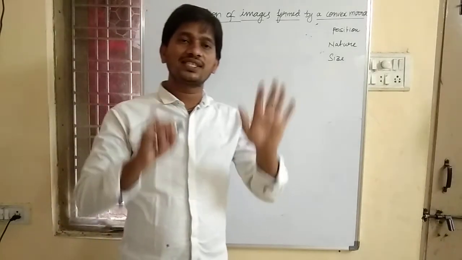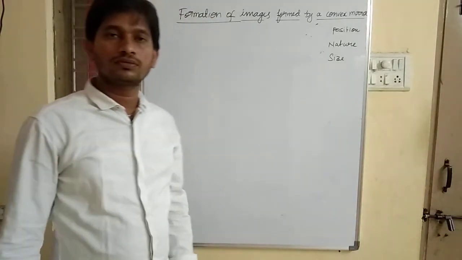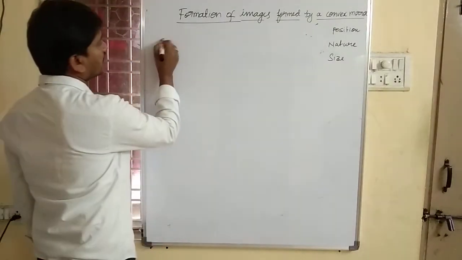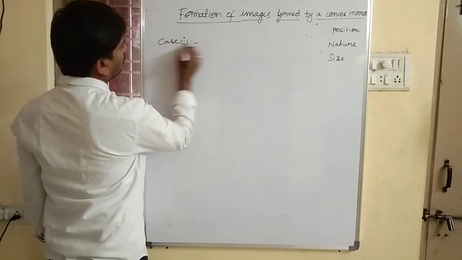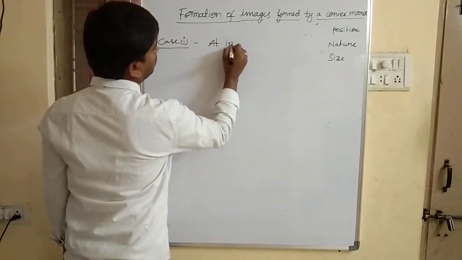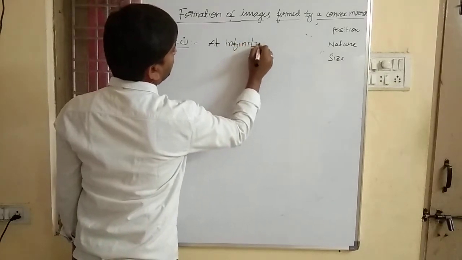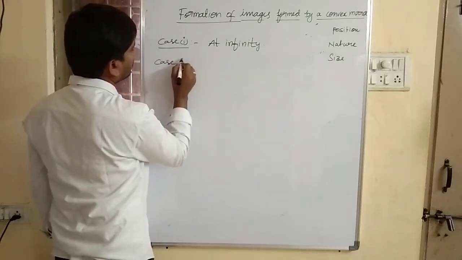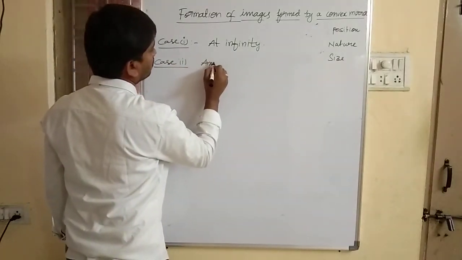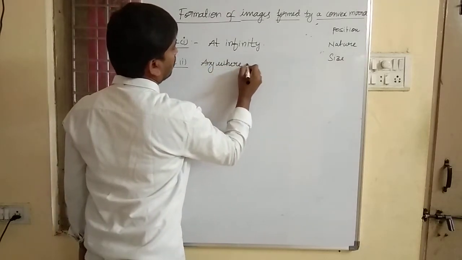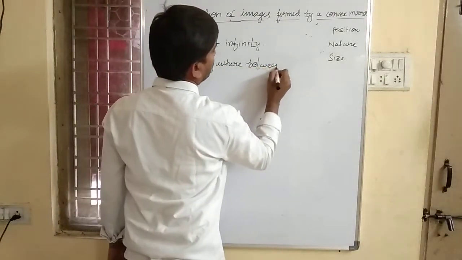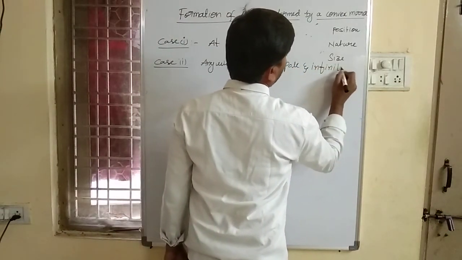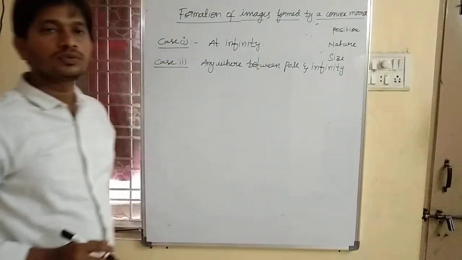We observed 6 cases in the case of a concave mirror. But in the case of a convex mirror, we have only 2 cases. Case 1 is at infinity, and case 2 is anywhere between pole and infinity. These are the 2 cases we will observe.